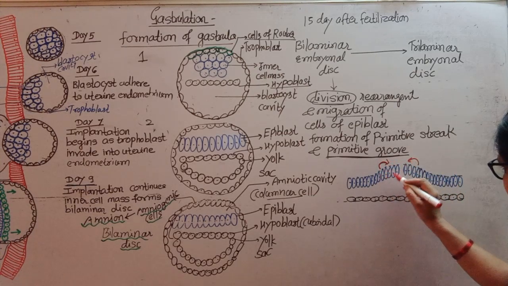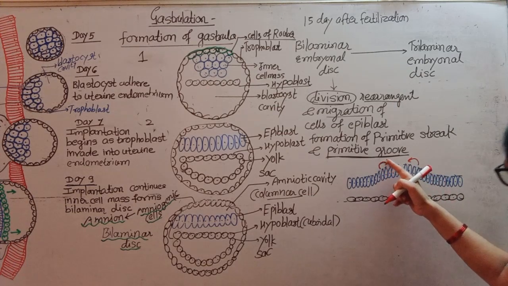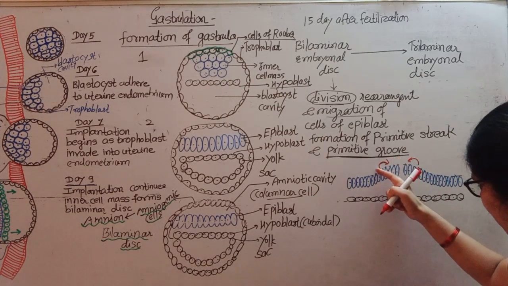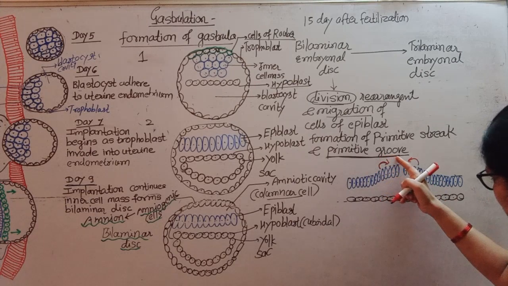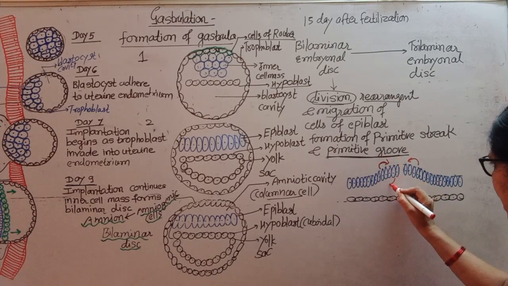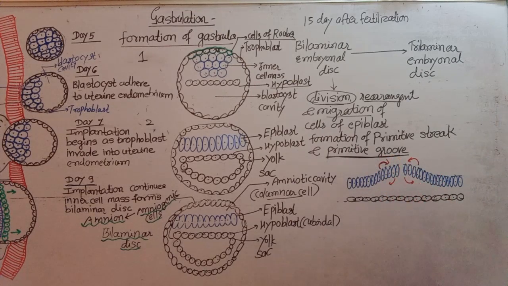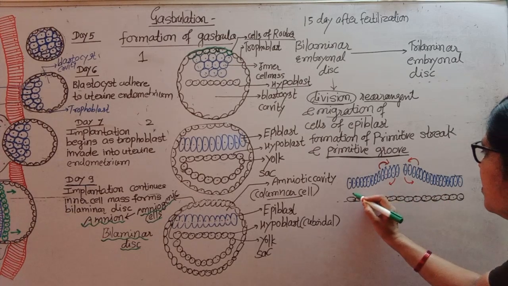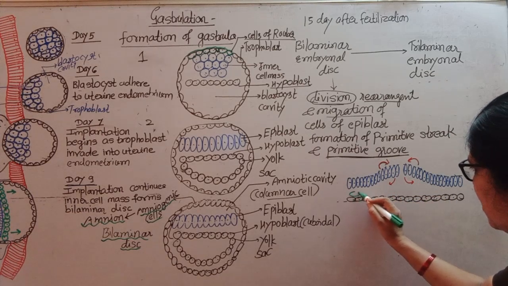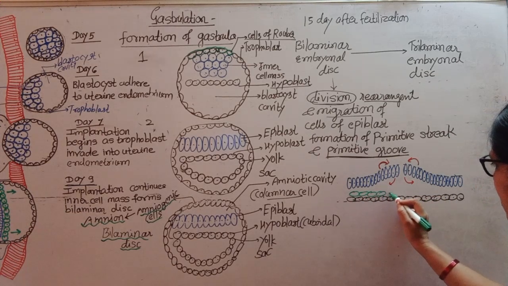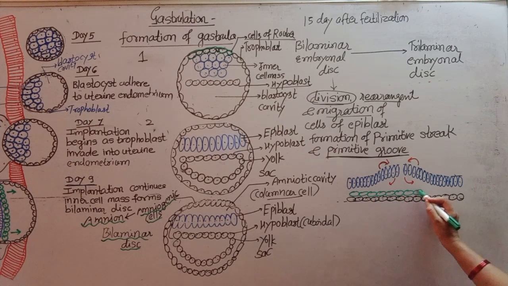The cells of epiblast divide and redivide, and then the cells migrate, and arrange here.